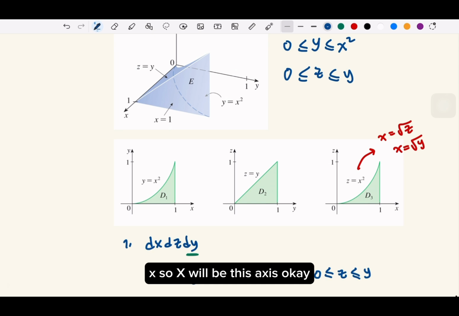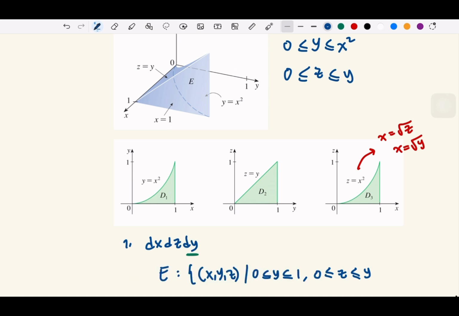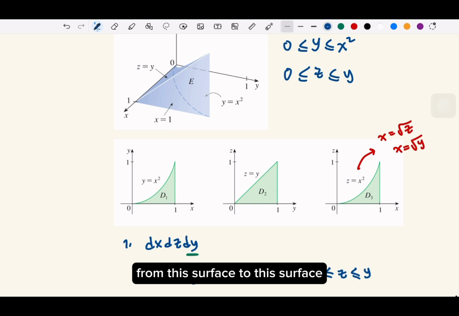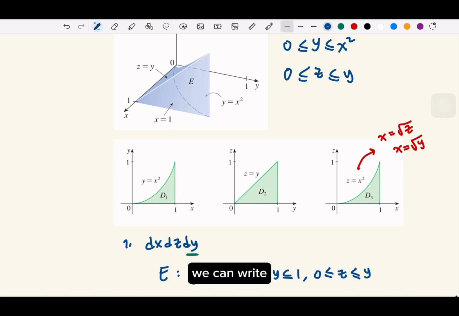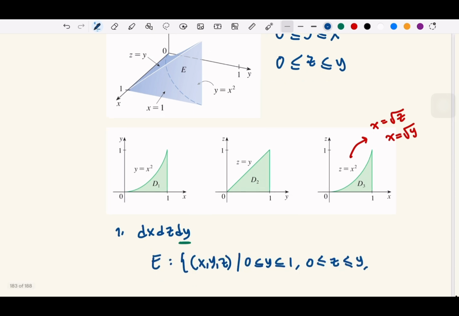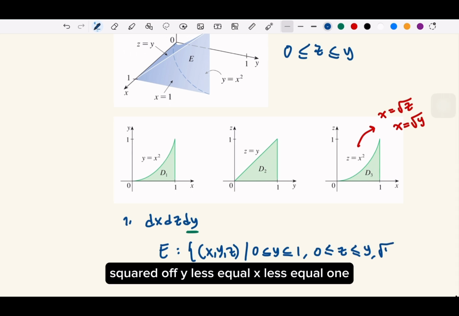So x will be this axis, okay? We want to go from this surface to this surface. So the better way to state that part is we can write square root of y less than or equal to x less than or equal to 1.